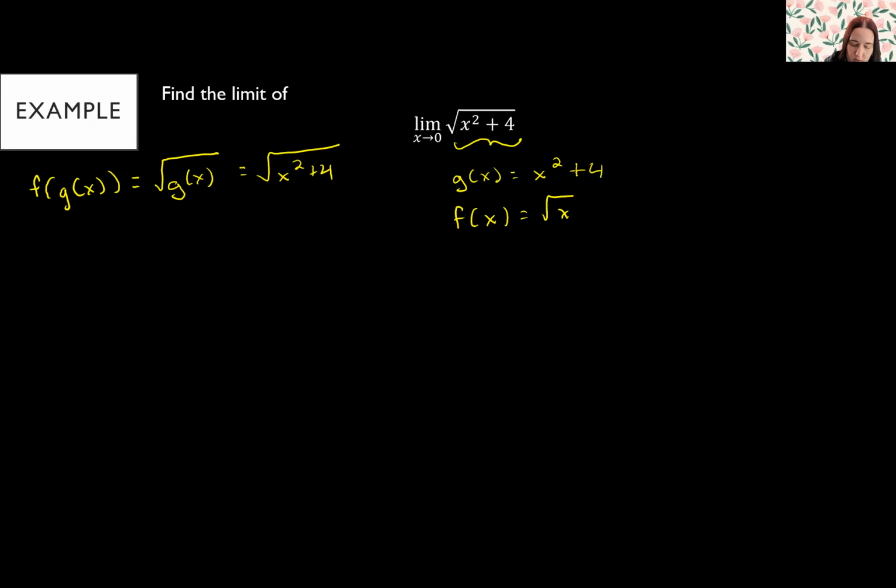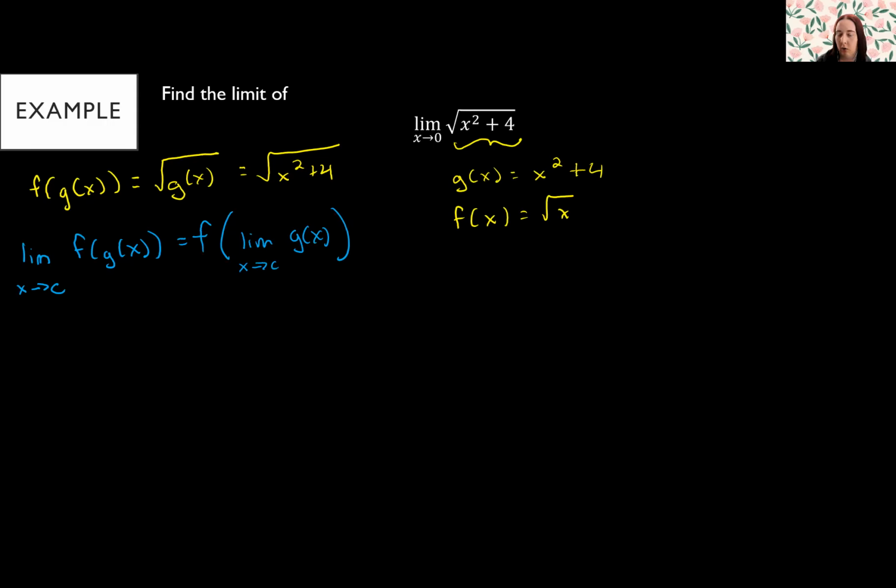So the rule for limits of function compositions: the limit as x goes to some number c of f of g of x is that you have f, and then inside f, you take the limit of g of x, and then you plug that into f, and that will give you your answer essentially.